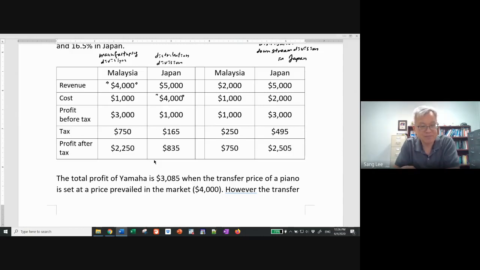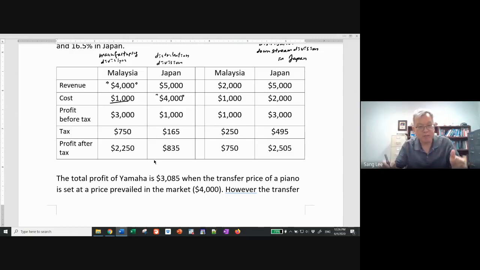Let's say in the manufacturing division, the true cost of manufacturing a piano, raw materials and labor, is $1,000. But when it supplies the piano to the distribution division, it charges $4,000.